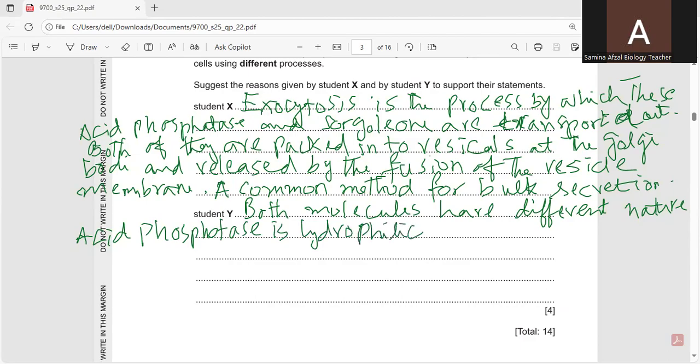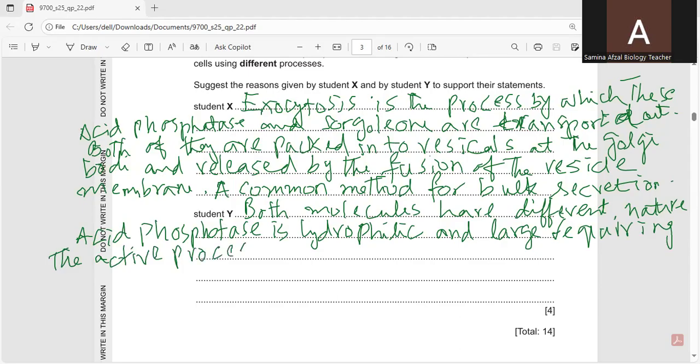Hydrophilic means water loving, which can dissolve in water, and it is large, requiring the active process of exocytosis.